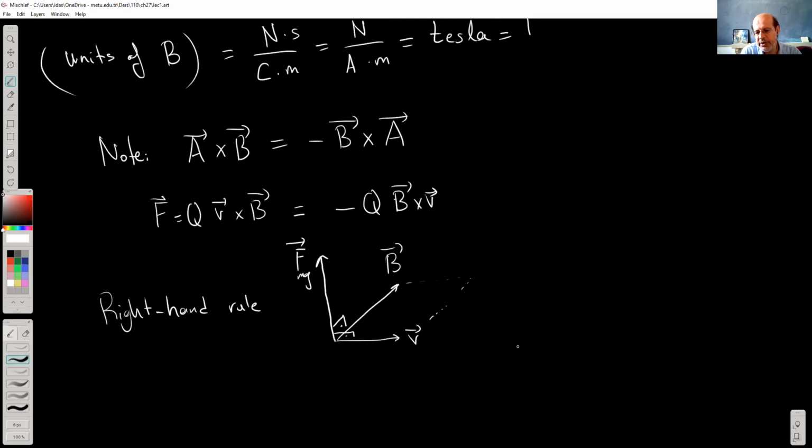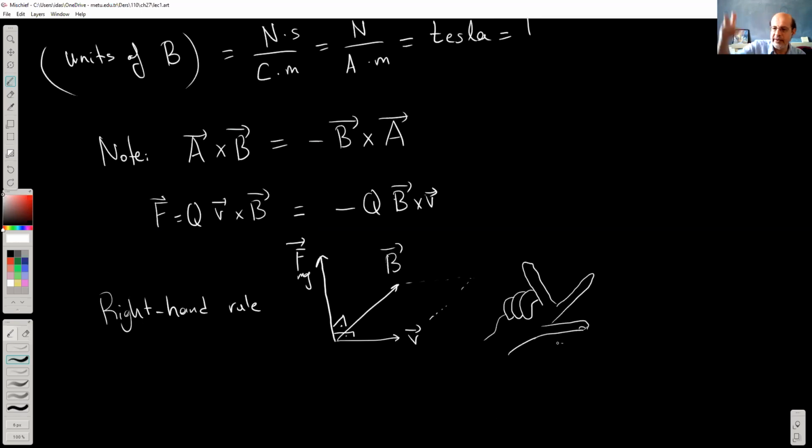Let's just remember what the right-hand rule says. There are different ways of using the right hand. I suggest that you learn all of them. But when only vectors are concerned, if you have the cross product of vectors, I think the three-finger rule is the most important one. So try to learn this, right? Let me repeat again.